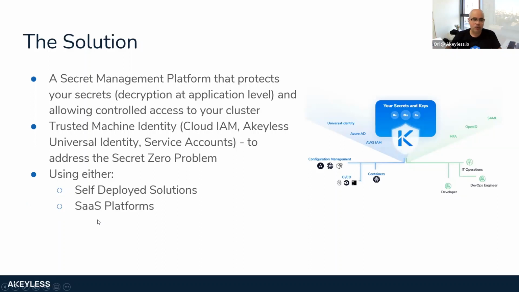And the second type of solution is SaaS platforms such as Achilles, but also those provided by the cloud providers themselves. Again, each one has pros and cons, but at least in terms of ease of use and ease of consumption, SaaS platforms are much easier to use and deploy.